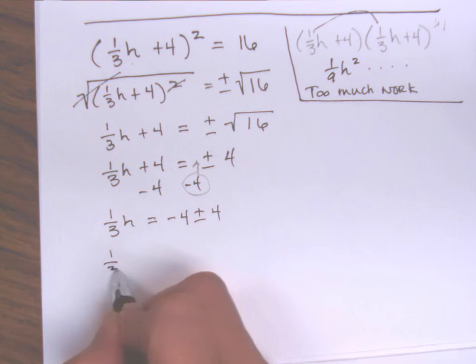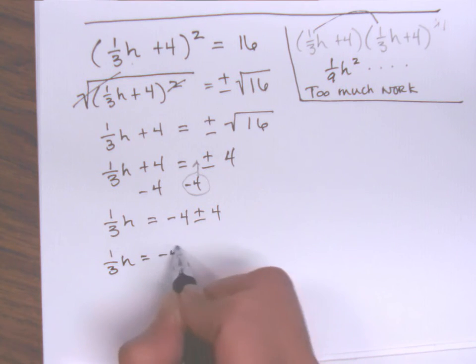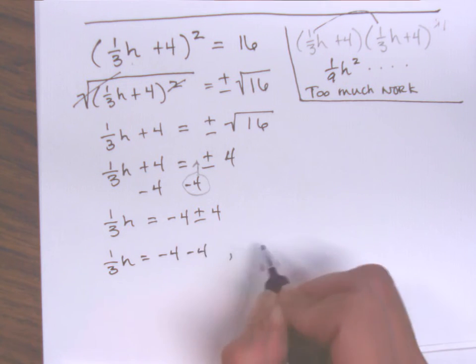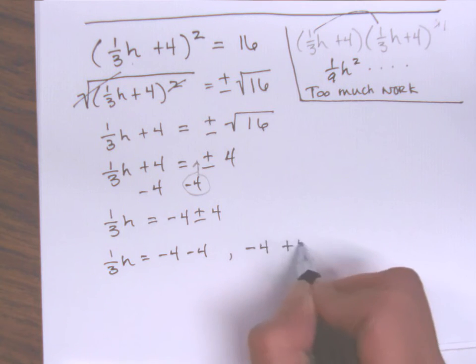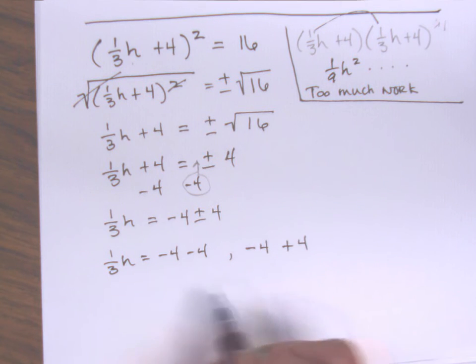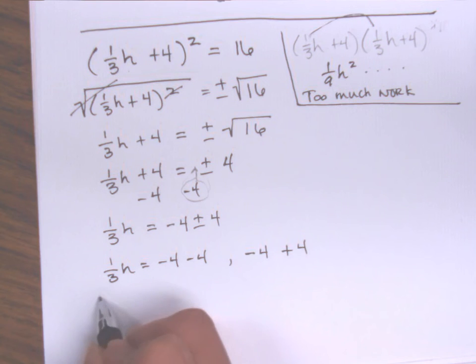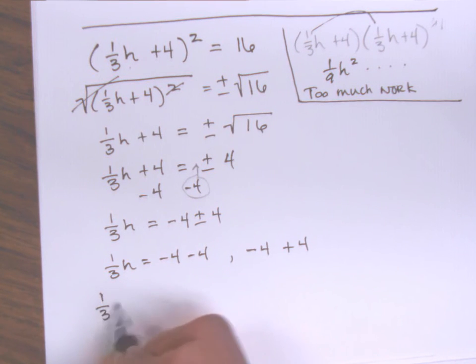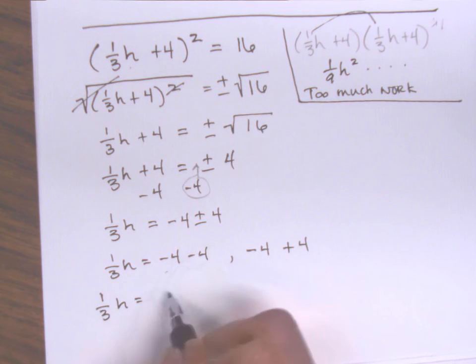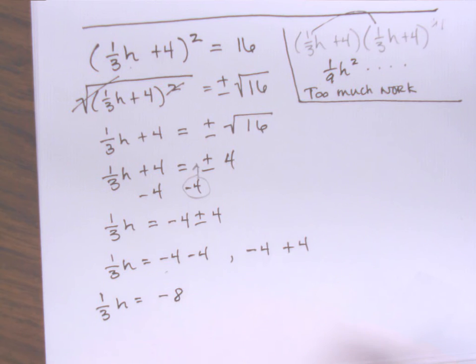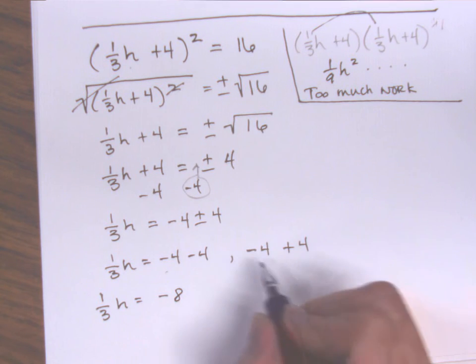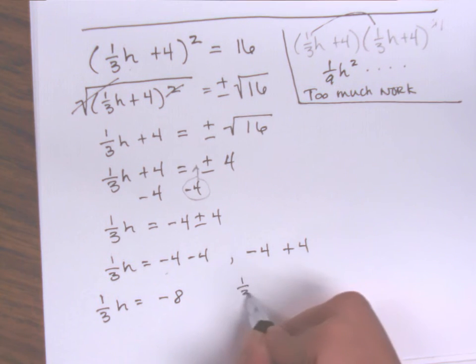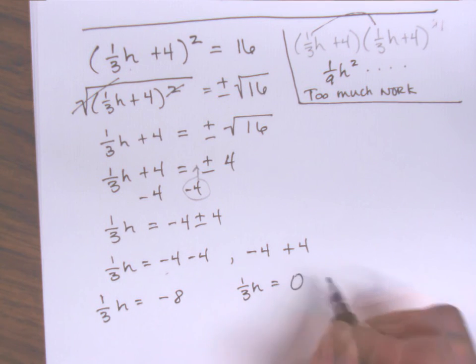So 1/3 h equals negative 4 minus 4 and negative 4 plus 4. So here I've got 1/3 h equals negative 8, and I've got 1/3 h equals 0.